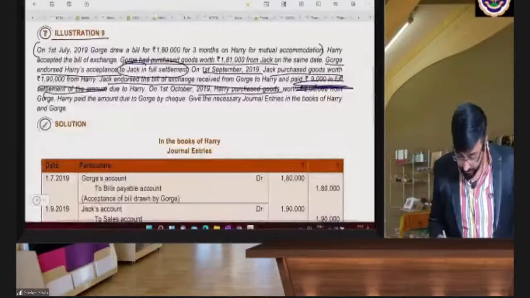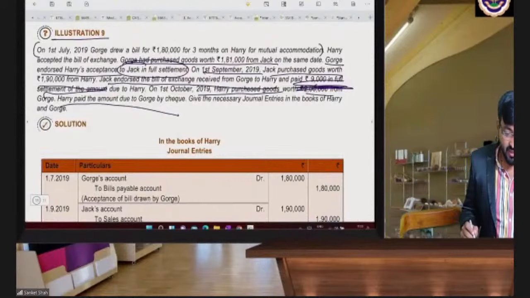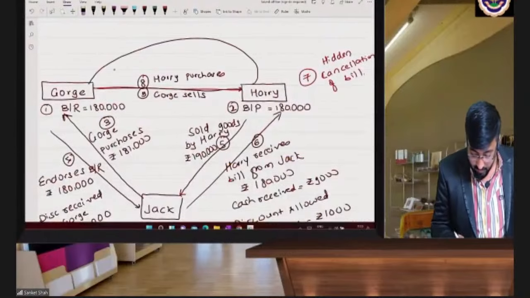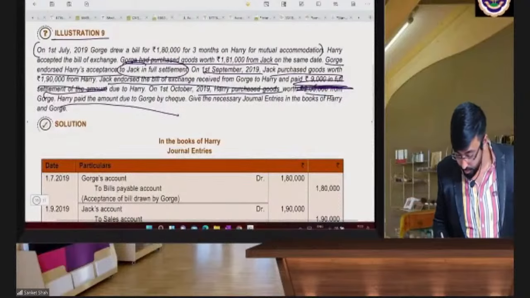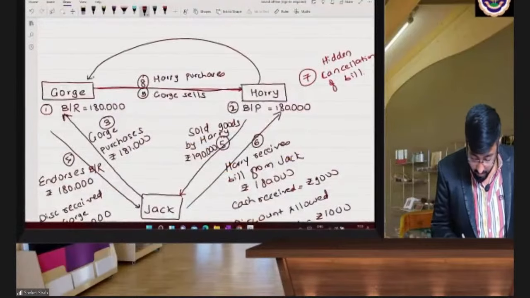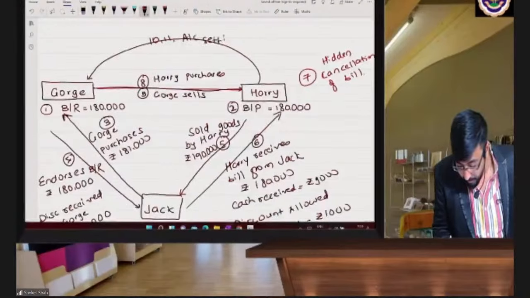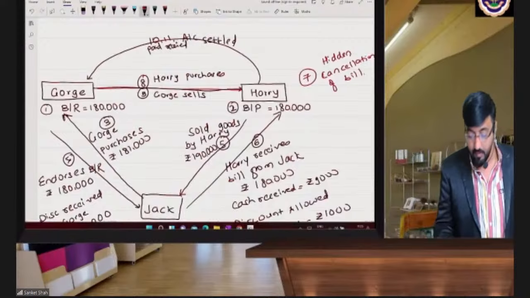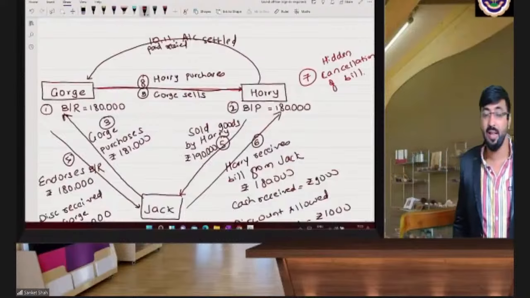And then 2 lakhs, and Harry paid him by cheque. Now we are not aware of the cheque amount. So finally, Harry settled his account. Harry paid the amount due. So number 10 and 11, account settled. For one it is paid and for one it is received. We are not concerned about the last entries, 10 and 11.